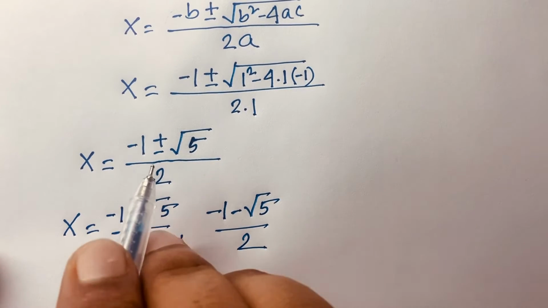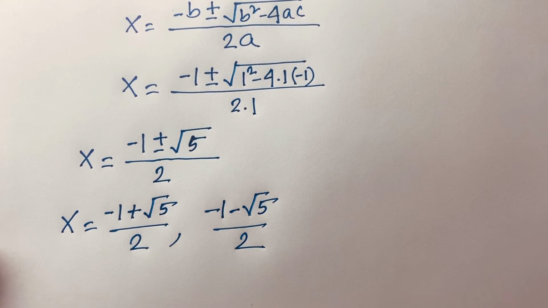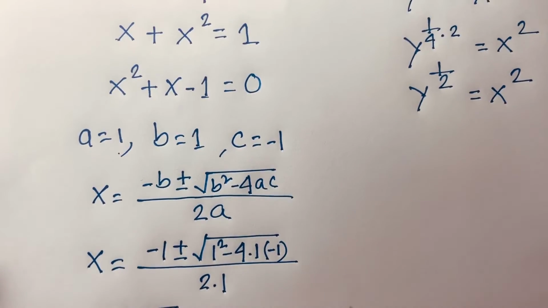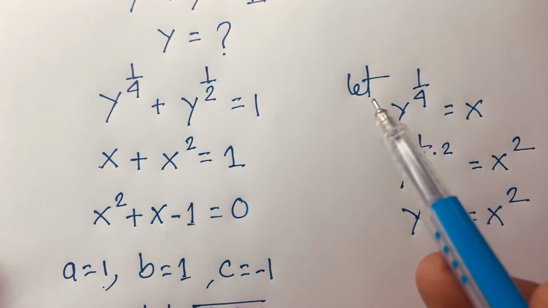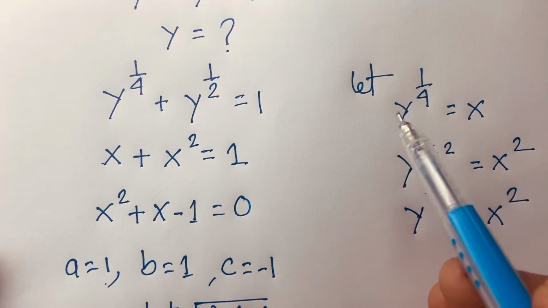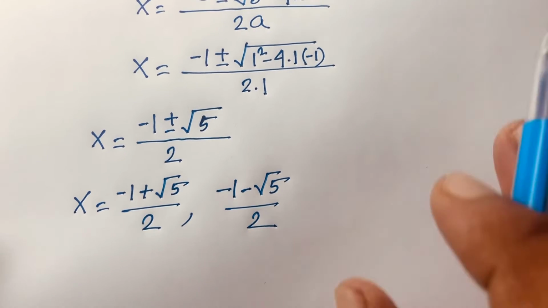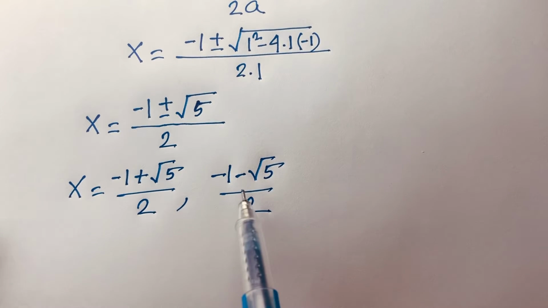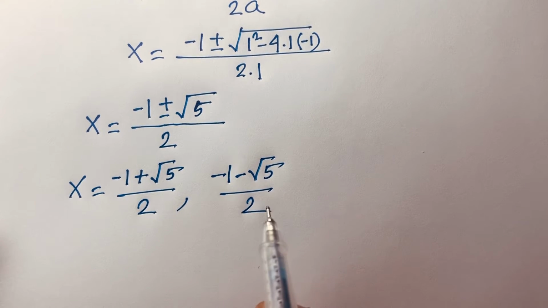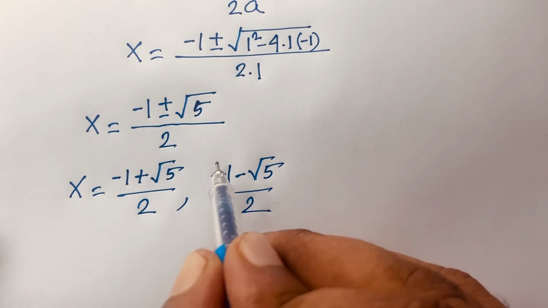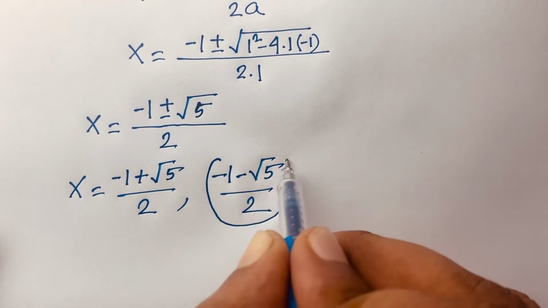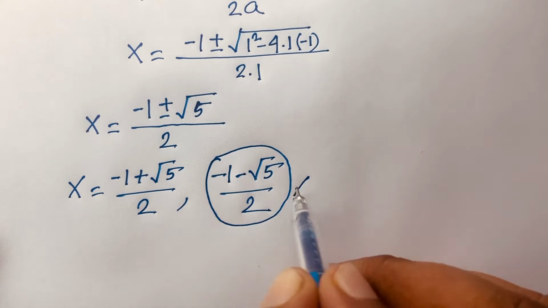Look, here is plus or minus. Remember that x is equal to y to the power 1/4, so it is a positive value. This value is negative, so positive cannot equal negative, so this is rejected.